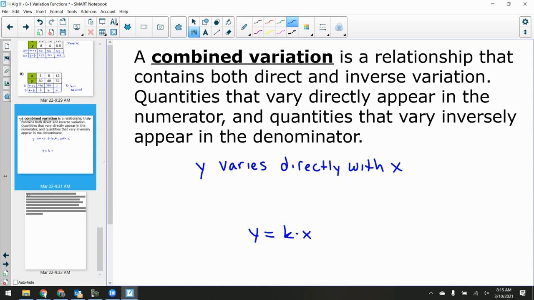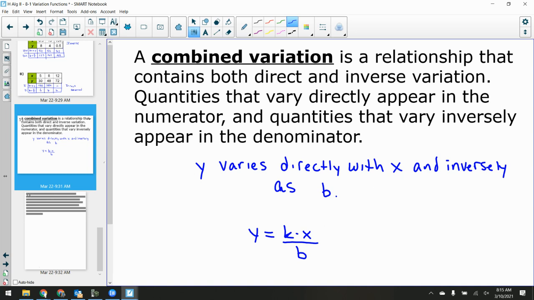If I add on and inversely as, I don't know, b, y varies directly with x and inversely as b. Anything varying inversely will go into the denominator. K always appears in the numerator. Anything directly always appears in the numerator. Anything inverse appears in the denominator.